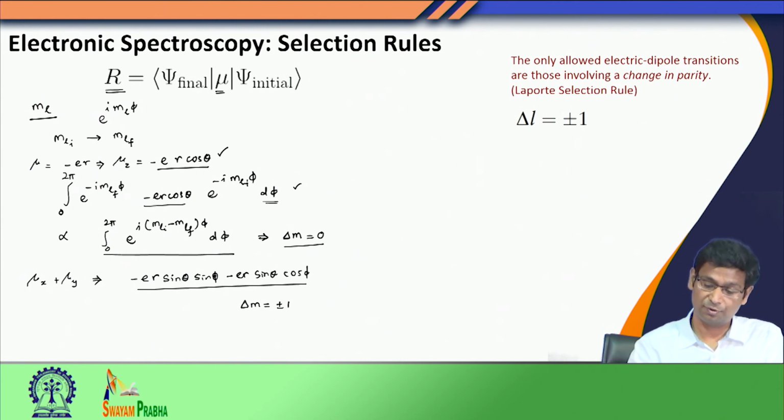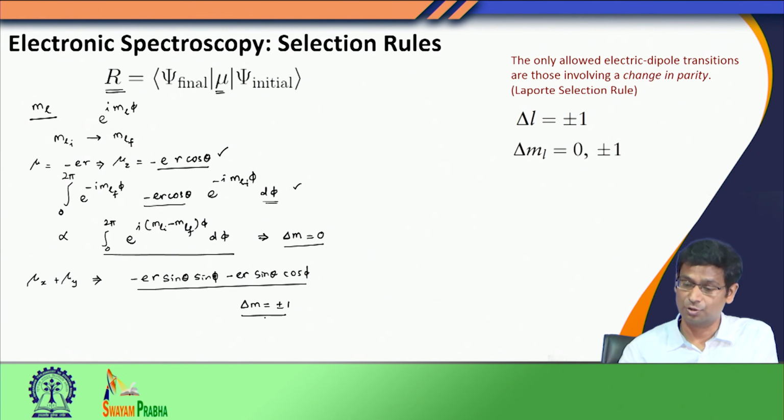So now we have got the selection rule with respect to the magnetic quantum number, and we can add that to our selection rule box, where delta m_l equals 0 or plus minus 1 for the allowed transition.